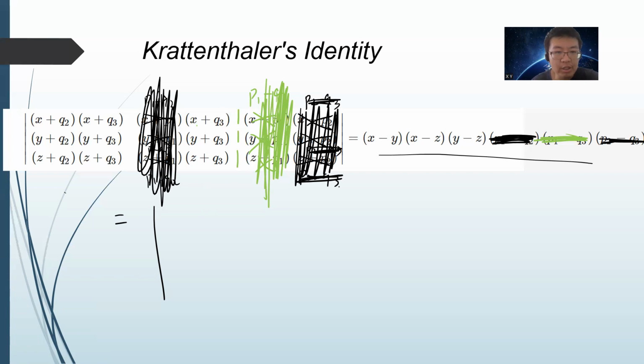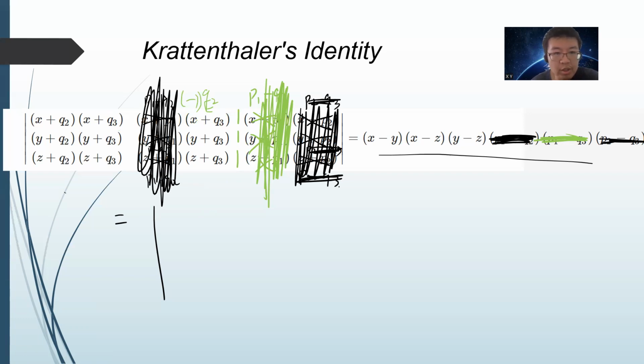So then what should I do? Let's see. I have x plus q2, x plus q3, and 1. Let's multiply the second column by negative q2 and add it to the first column.